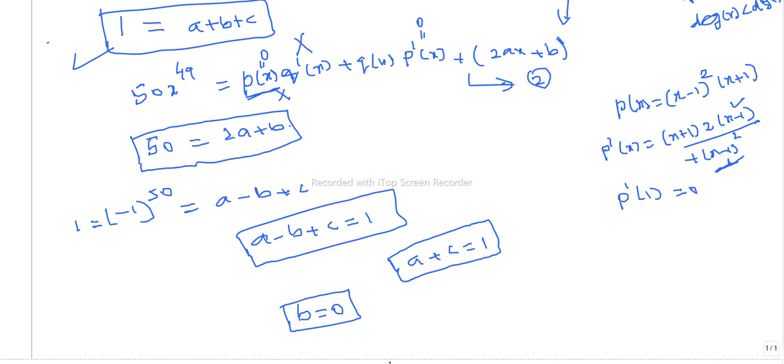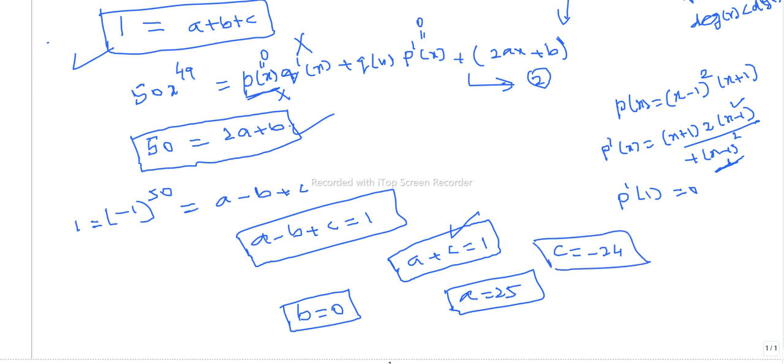Yeah, got it. Now if b is 0, substitute here, a should be 25. Now if a is 25, what about c? c should be minus 24. Yeah, that's it.